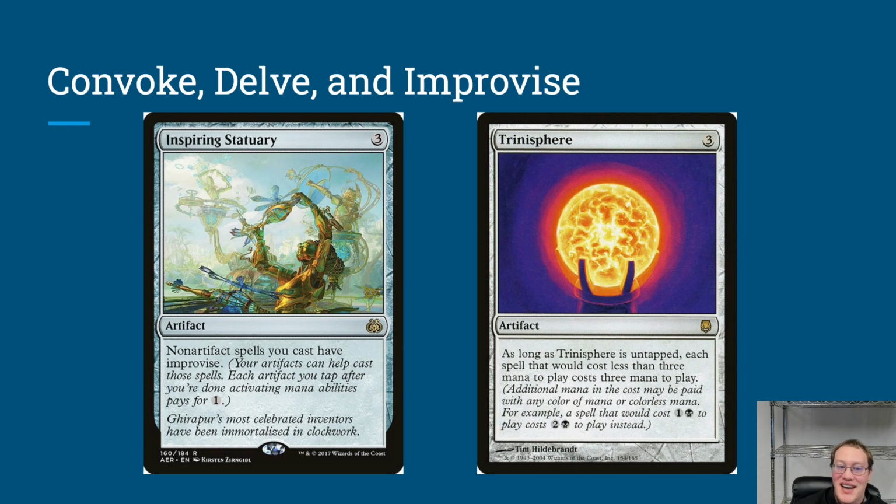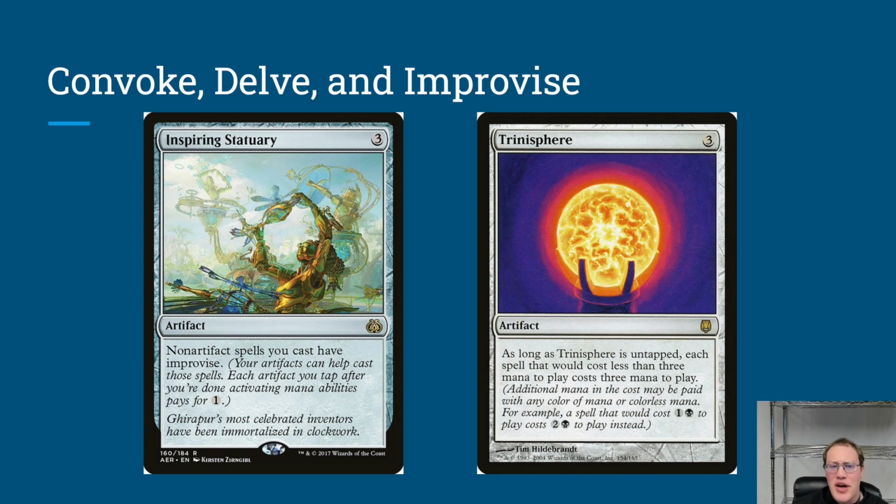It'll just say each player draws an extra card, and that's the end of it. So as kind of an homage to how artifacts used to work, they made it so Trinisphere does the same thing. So the idea, of course, would be that we're going to tap the Trinisphere, and so therefore its ability isn't going to apply, and it's not going to make our 2 mana spell cost 3 mana.